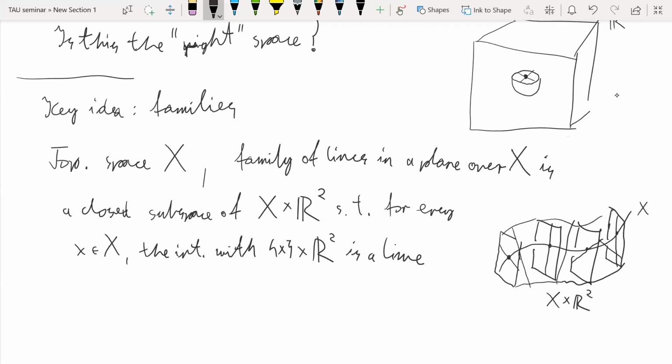So here we have this family of lines which somehow goes around and twists as we traverse the space X. This is a little bit of an ugly picture, but this is approximately what it is going to look like. It is going to be like a ribbon inside this space here.